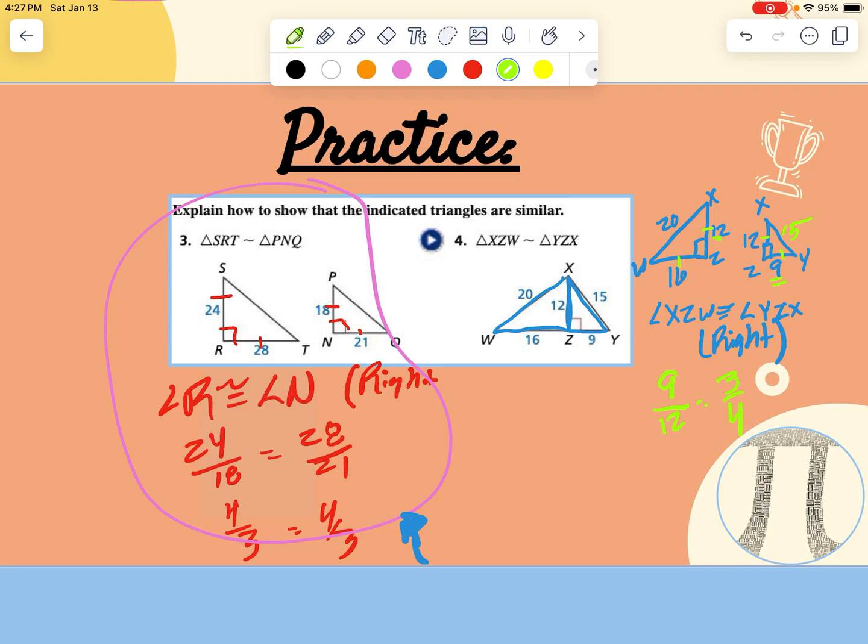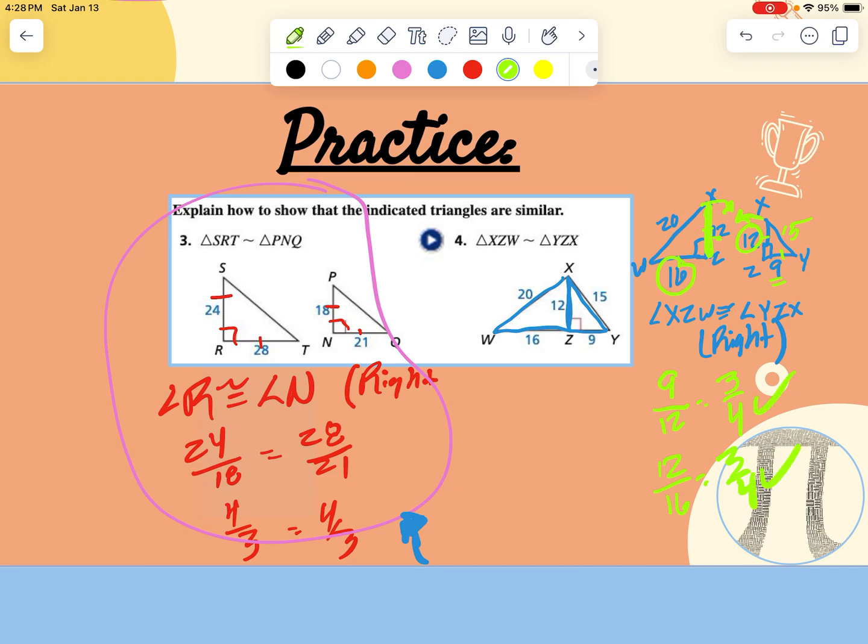Simplify to 3/4. Then we want to take the larger one, which is 12, over the larger one over here, 16. See how this means that this really is rotated around, or you could say this one's rotated this way. So that's what's confusing about them acting like this is attached, because they're really not. One is rotated.